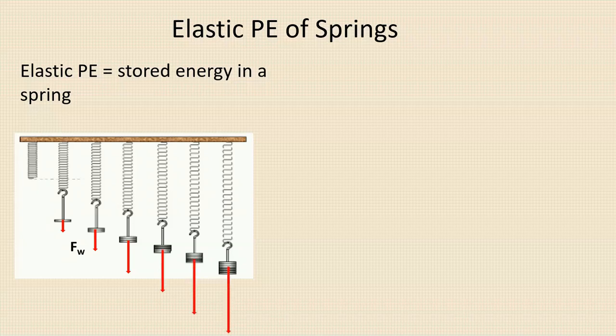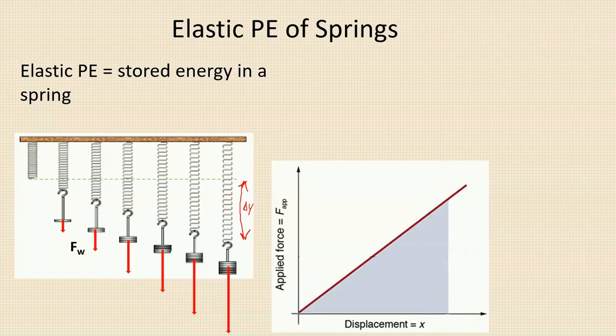And so as a result, you get a greater and greater displacement. So from here down, we have a displacement acting on the spring here. This would be delta y in this case, since it's vertical. We have our displacement, we have our force that's being applied to it here as we look at that particular situation.